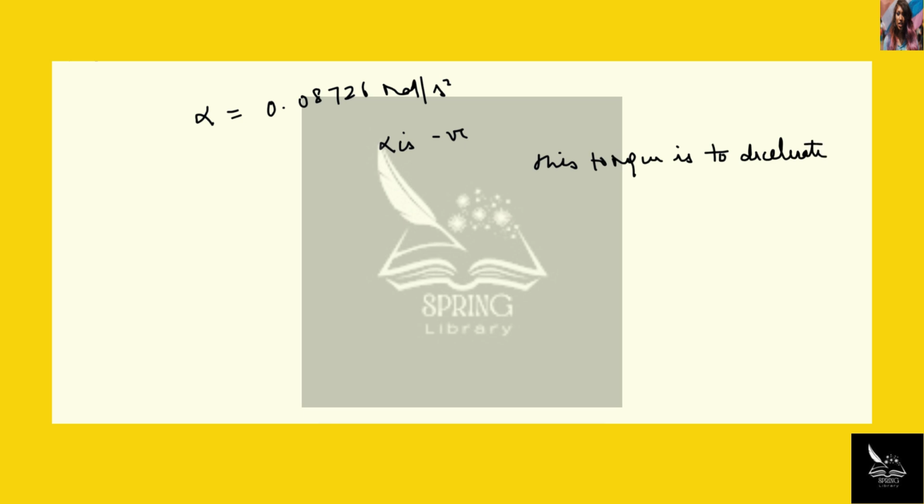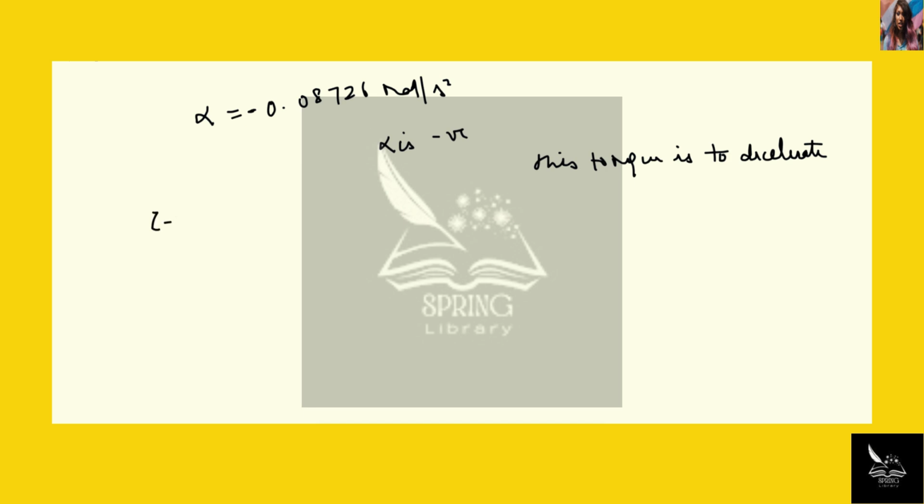You can take care of this negative sign later. It depends on your own understanding how you take care of your minus sign. If you take the plus, it's fine. You say that this torque is actually decelerating, or use a minus sign here. So it depends on you. Let's say we put the minus sign here.